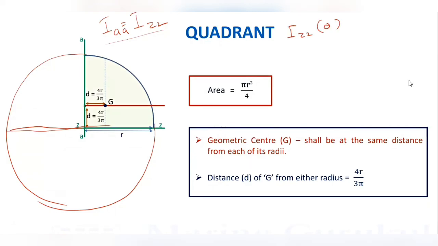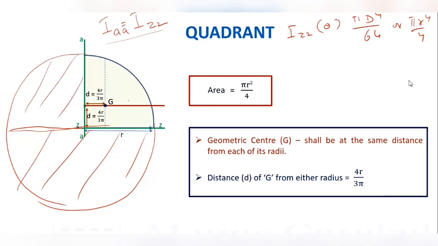Now, ZZ is the center diameter of the full circle. What was IZZ of the circle? Pi d4 upon 64 or pi r4 upon 4. I have removed this half. I have removed this. What have I kept? I have kept the axis ZZ only, but I have made the area 1/4. So what will happen? This will also become 1/4. What will it be? Pi d4 upon 256 or pi r4 upon 16.